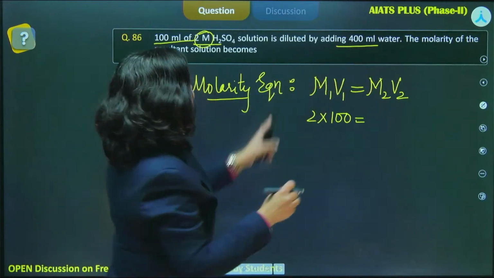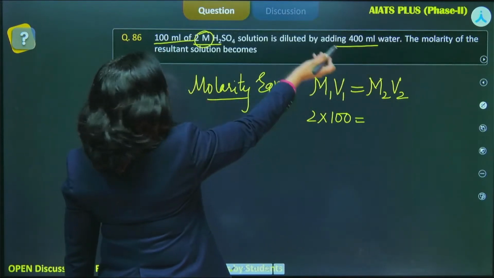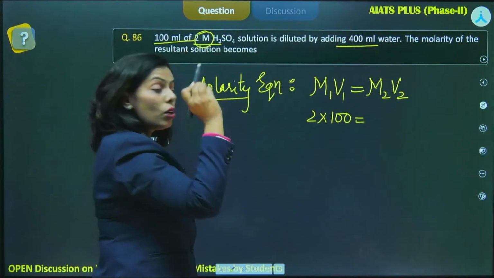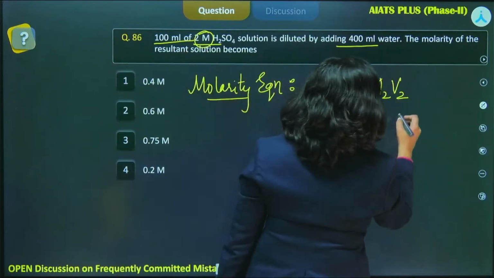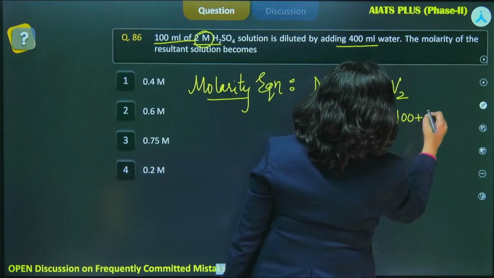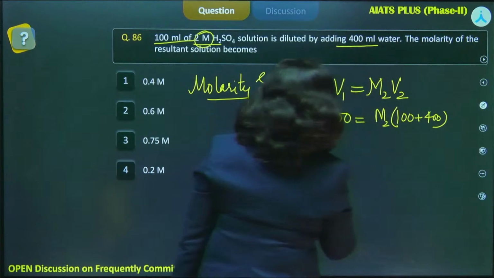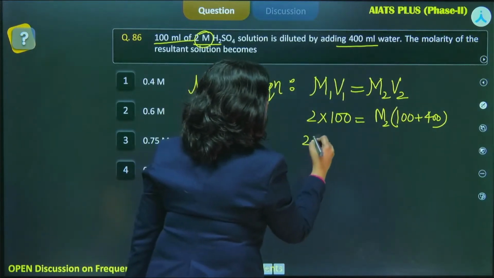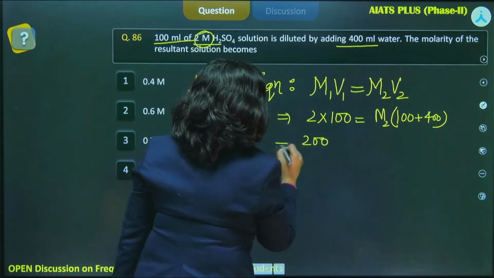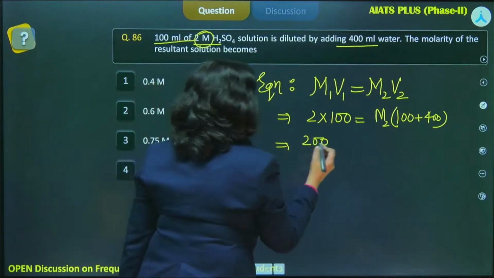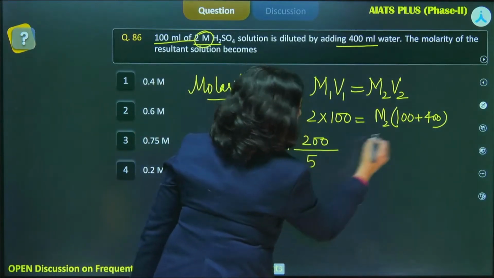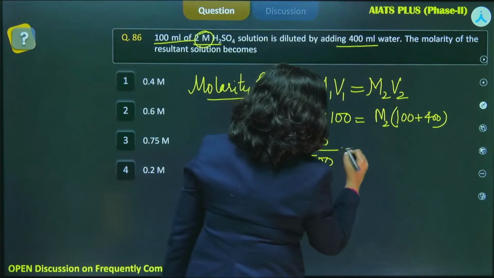No. What are they saying? It is diluted by adding 400 ml to this 100 ml. So total volume is not 400. It is 100 plus 400. This is the important point, and M2 you need to find, right? So this is 200 by, I'm sorry, this is 500, so I'm considering 500 here.